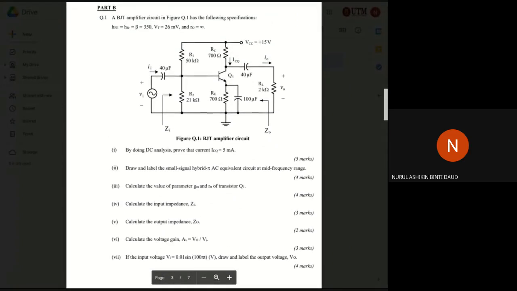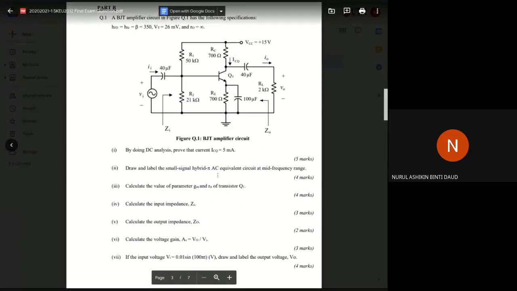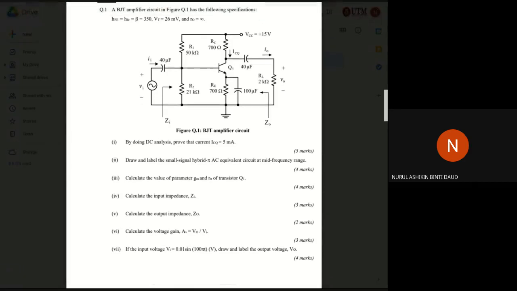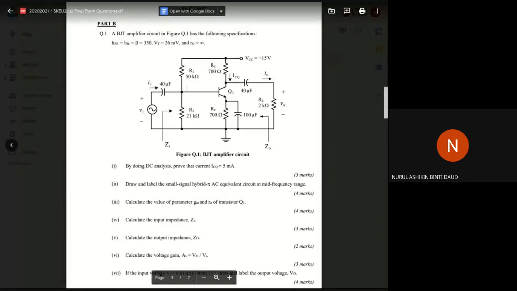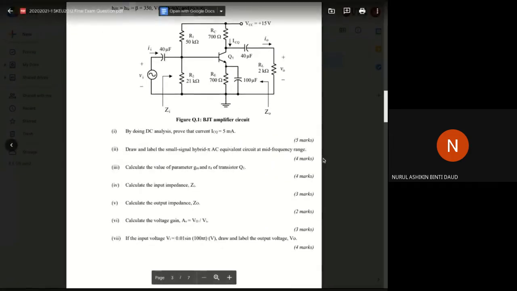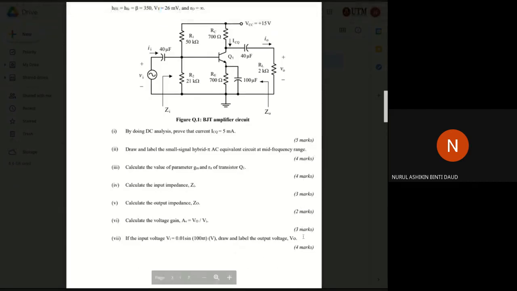These are examples of the questions which I'm going to give to you later on. You can see here how many marks each question carries: 5, 4, 4, 3, 2, 3, 4.